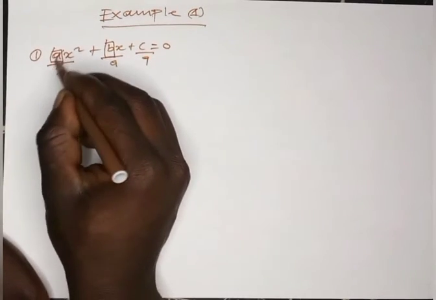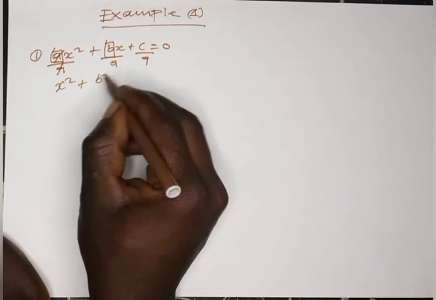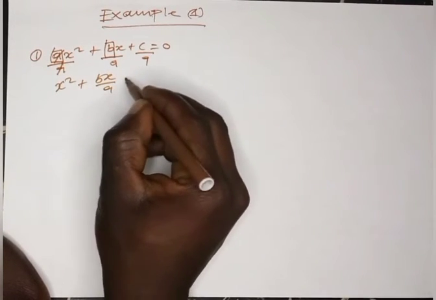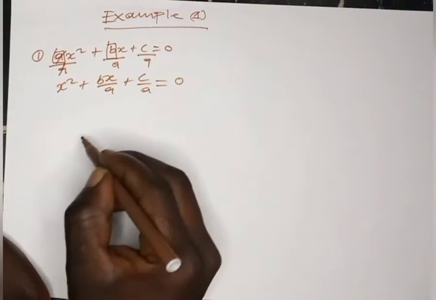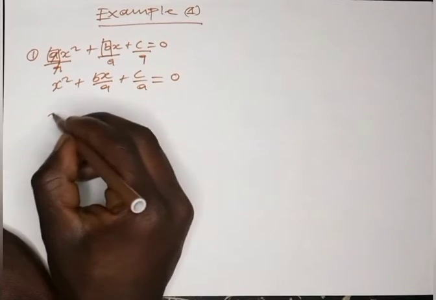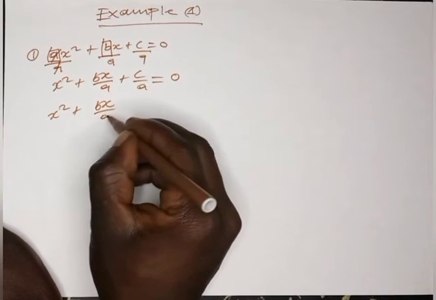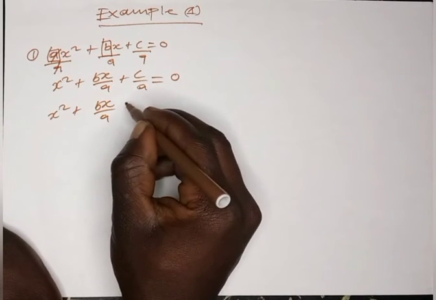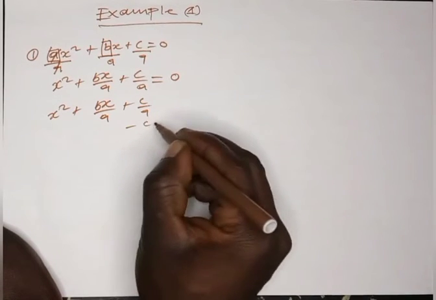So a goes, and we remain with x squared plus bx over a plus c over a equals 0. Now x squared plus bx over a plus c over a minus c over a.